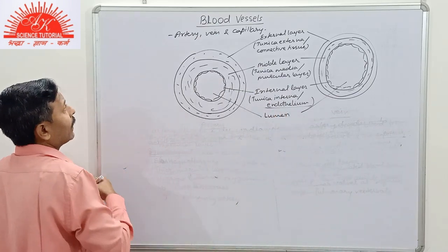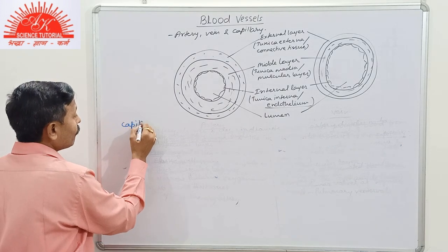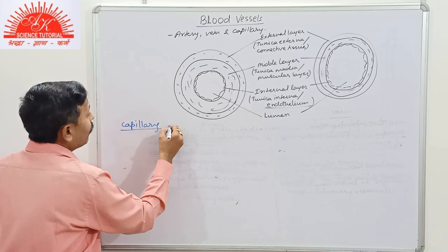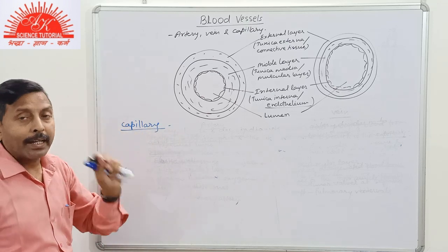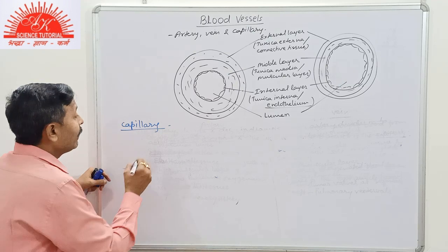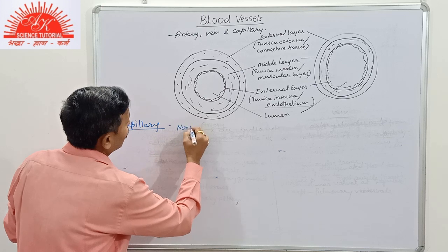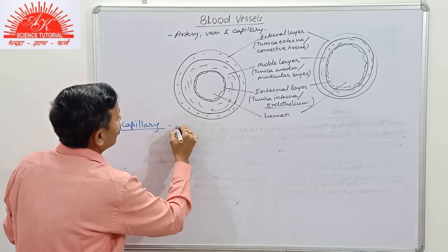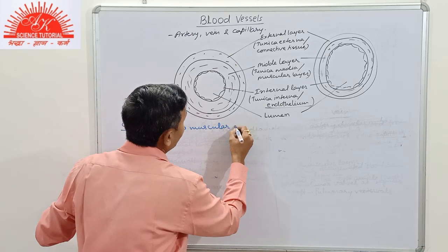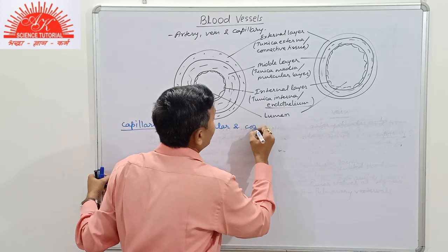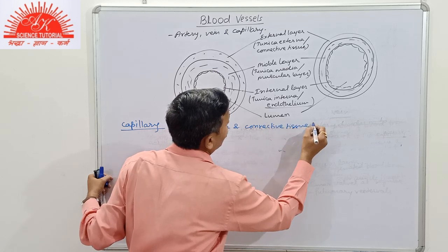But the next structure, after artery and vein, is the capillary. As we have studied, it is the ultimate, fine branch. It has a non-elastic, non-muscular wall, that is, it has no muscular and connective tissue layer.